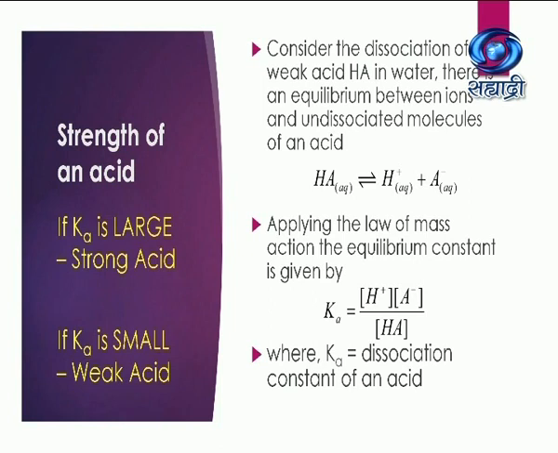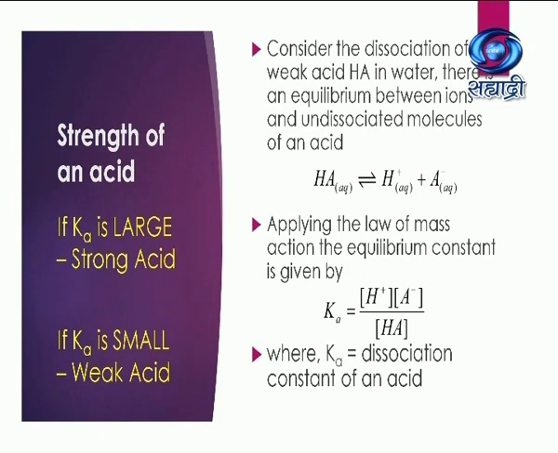If this Ka is large, that means there is a high concentration of H plus and A minus ions, and almost no or negligible concentration of undissociated molecules. In that case, the acid is strong.